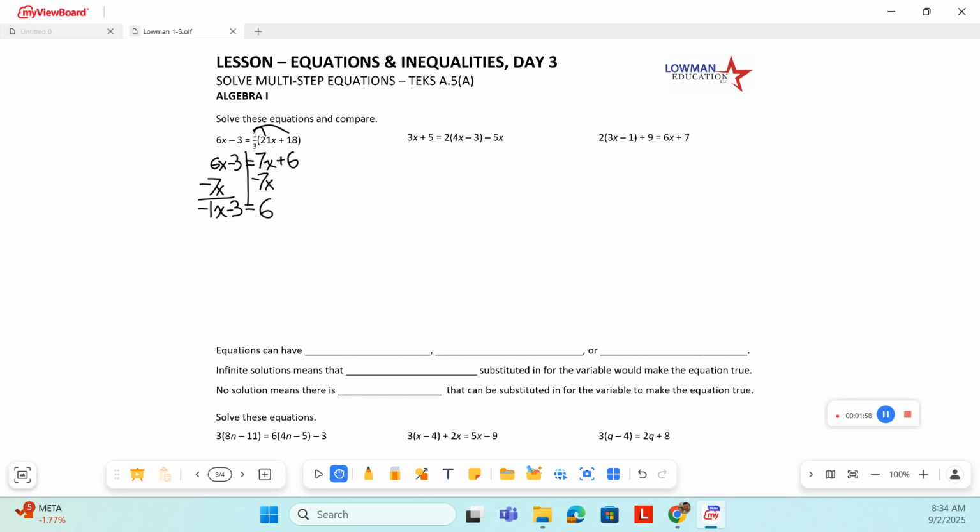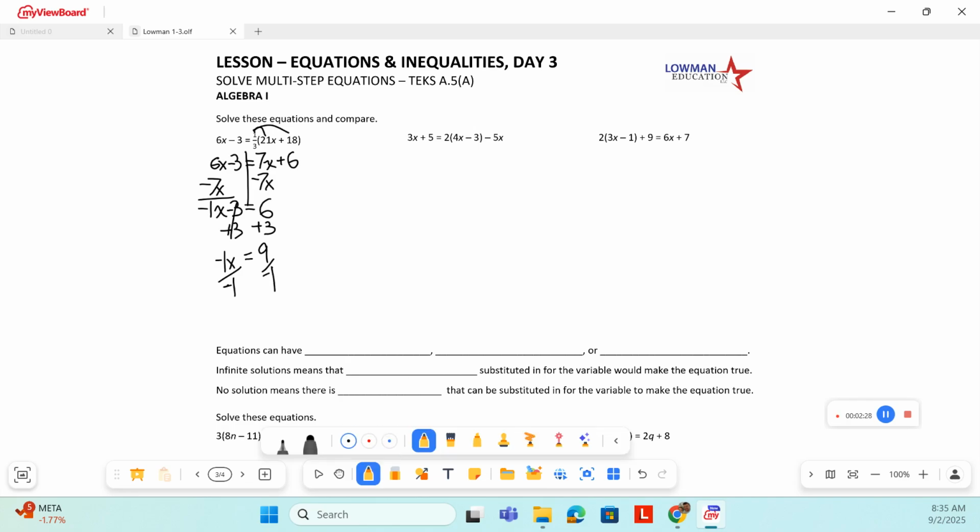Continuing on with it, I'm going to add 3 to both sides, and that gives me 9 on this side equals a negative 1x. So really what's going to happen is we're just going to change the sign, but you can think of it as dividing by negative 1 if you need to do that.